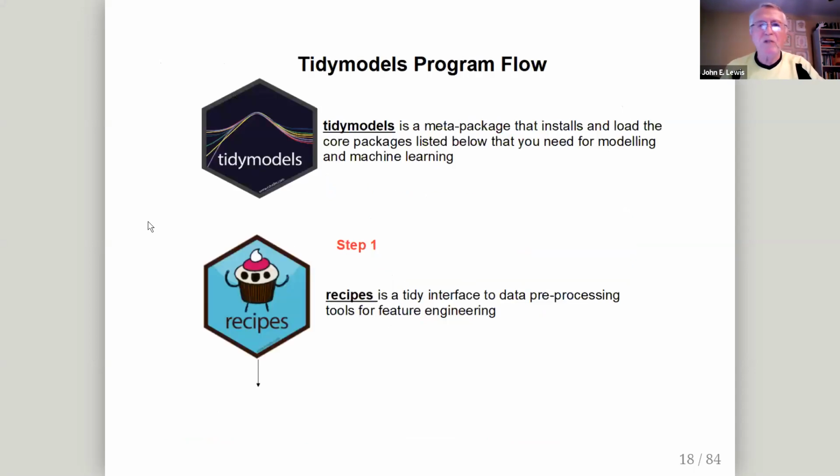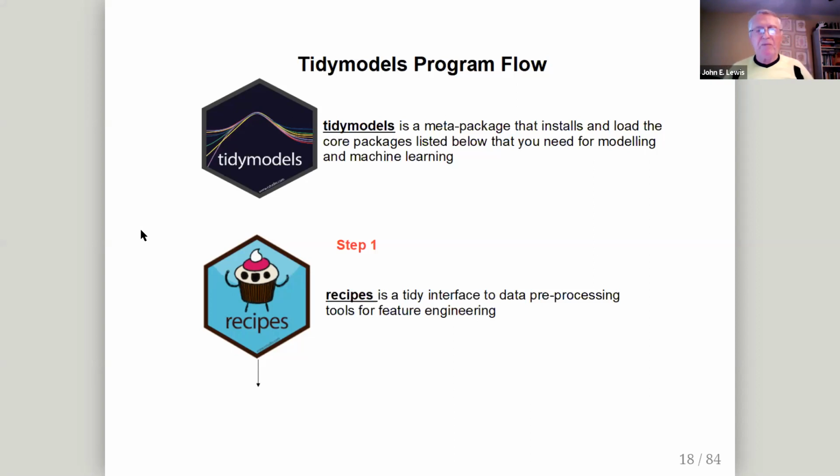So now I'm going to get into the Tidymodel program flow. And in this, I'll show 5 steps and the packages that are associated with Tidymodels. The first, Tidymodels itself, is a meta package. It really is an umbrella for a whole series of packages that are associated with this particular ecosystem.